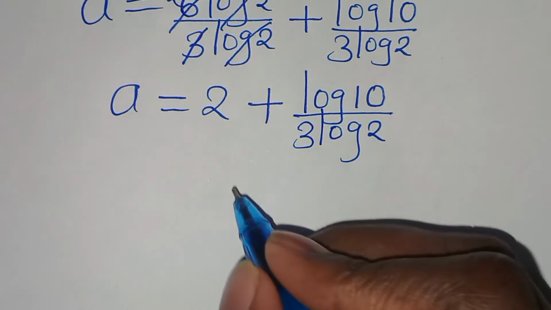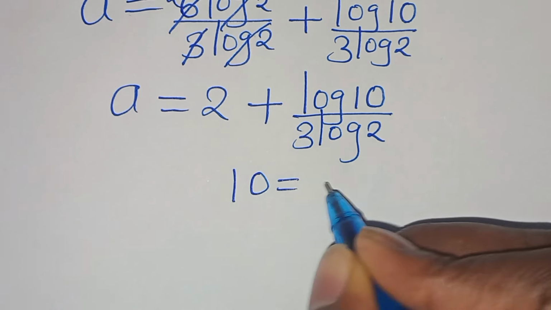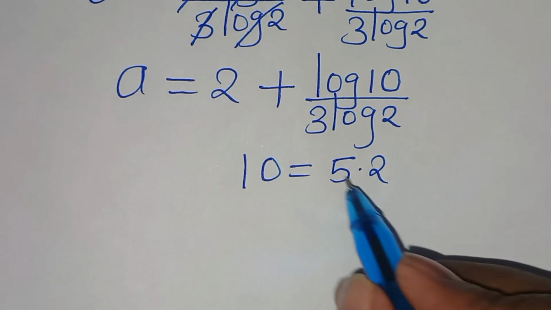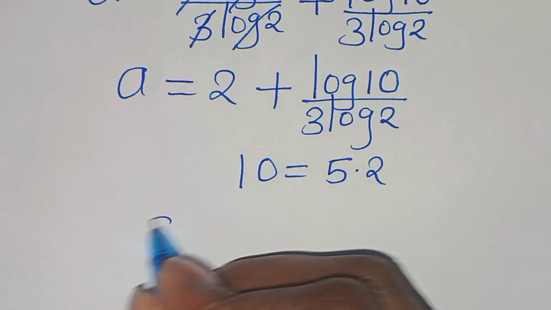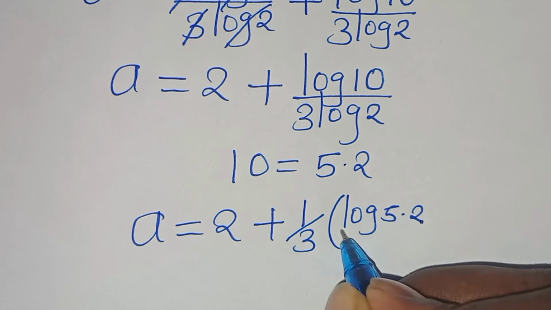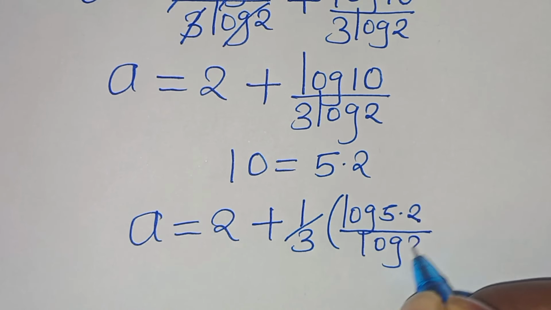The next step from here, we can express 10 basically as 5 times 2. So let's substitute this so that we have a is equal to 2 plus, now here we have 1 over 3. Then we have log 5 times 2 divided by log 2.